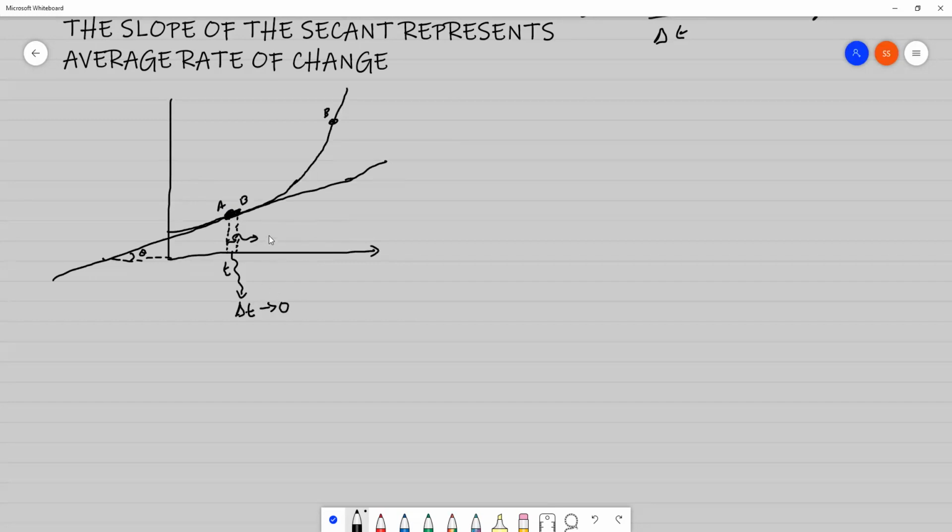What will be the slope of that line? If A and B are very close and del T is very close to 0, then instead of a secant, you call this line a tangent. The slope of the tangent is also almost a secant where A and B are very close to each other.